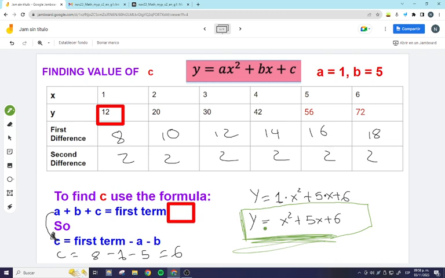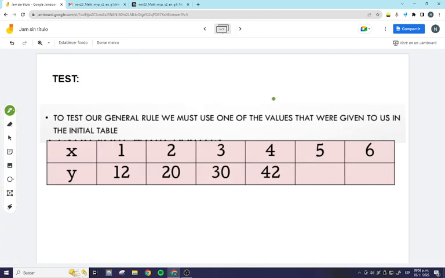So now it's time to test, verify and justify. Let me write again the general rule: y equals x squared plus 5x plus 6. In order to test, we use one of the values that we were given in the initial table. So we can use either 1, 2, 3, or 4.